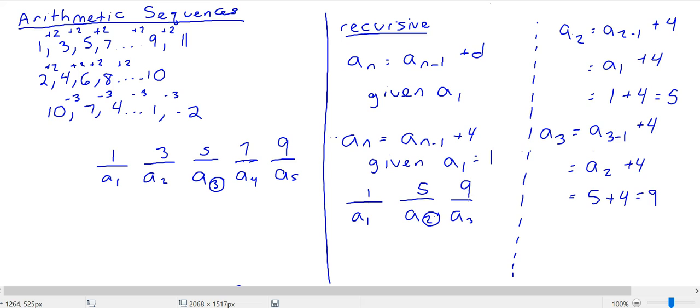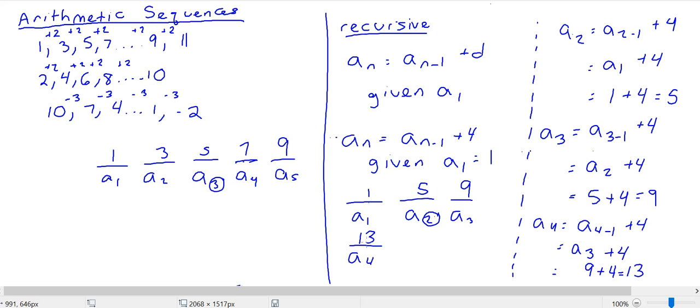Let's find a sub 4. A sub 4 is a sub n minus 1, or a sub 4 minus 1, plus 4. A sub 4 minus 1 is a sub 3, plus 4. A sub 3, we already solved for before, is 9. 9 plus 4 is 13.